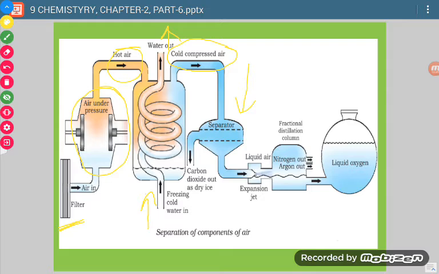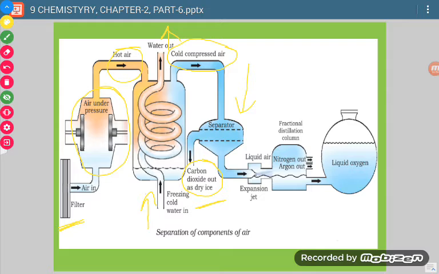Now we have done earlier, solid carbon dioxide is called dry ice. So here itself, if carbon dioxide is present as one of the components in our air, it will separate out as dry ice. Dry ice is like ice and it is white in color.